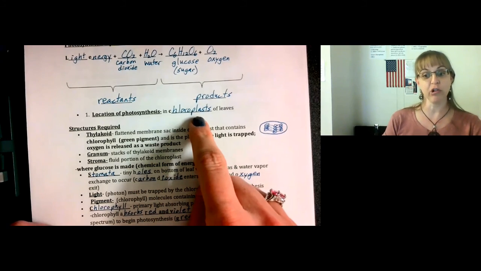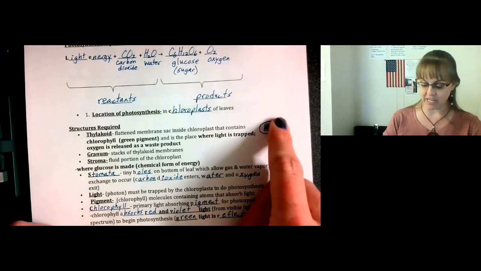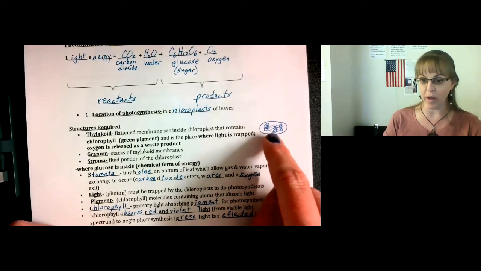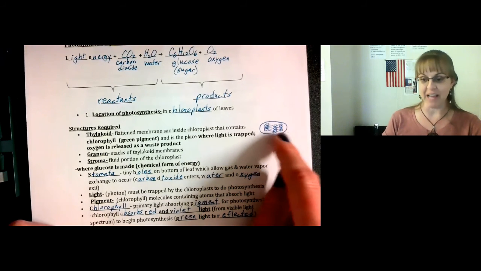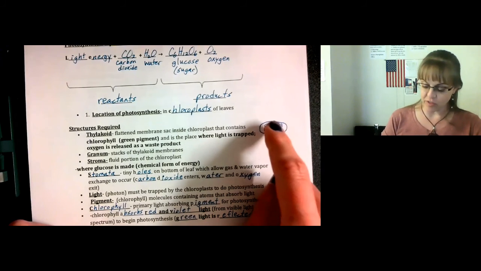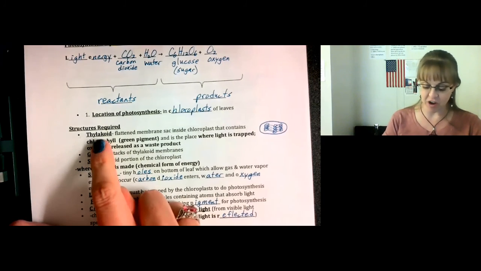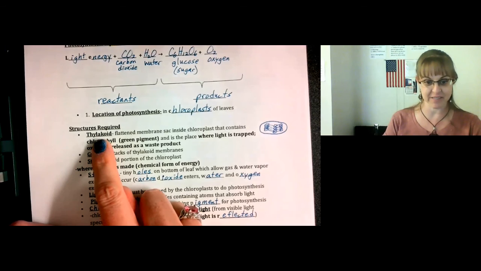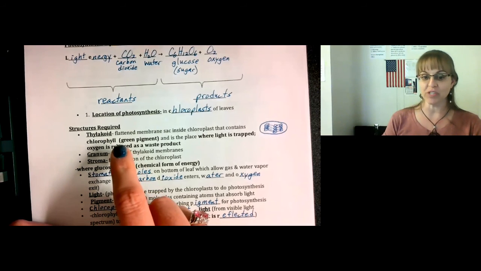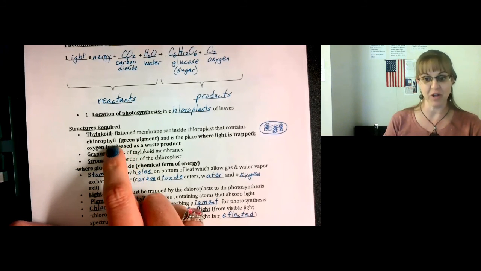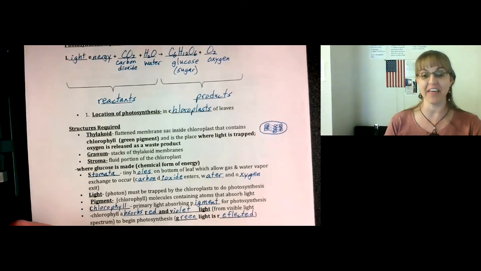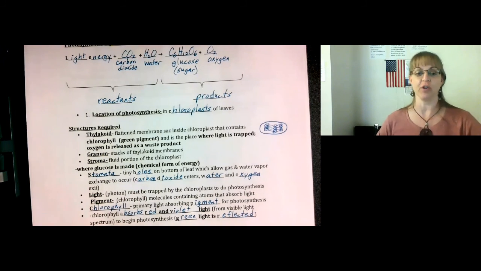Photosynthesis happens in the chloroplasts of leaves. Remember, a chloroplast looks like a bean with little stacks of coins connected by little lines. So those little coins are thylakoid membranes. And each of those has chlorophyll, which is the green pigment that helps trap the light. So chlorophyll is what makes plants green.